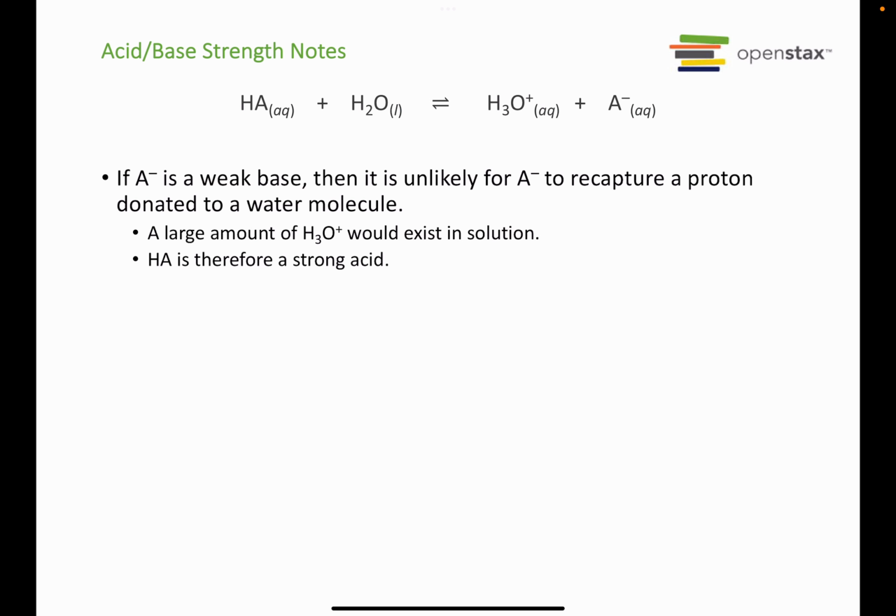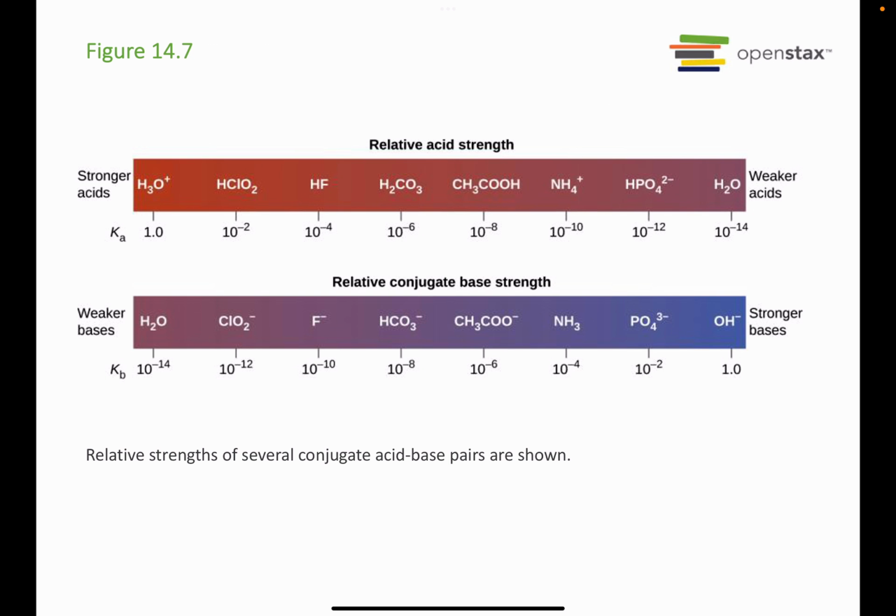Okay, now let's keep going and move forward to the calculation part. Here's the comparison of the Ka values. They're all pretty small. Okay, you go from strong acid, pretty high Ka, to weak acid, very low Ka. Same for Kb. Okay.